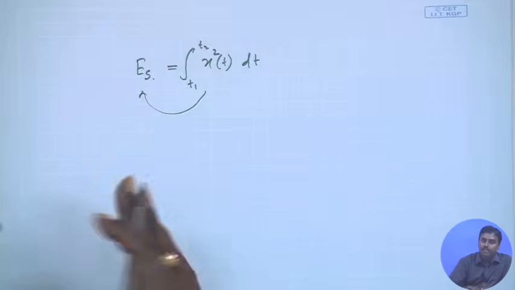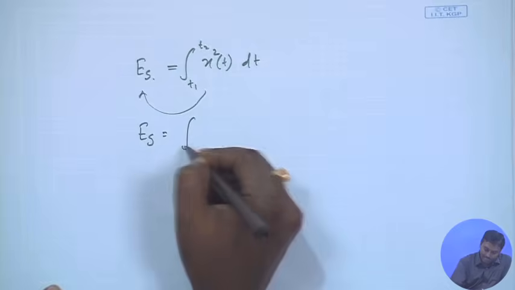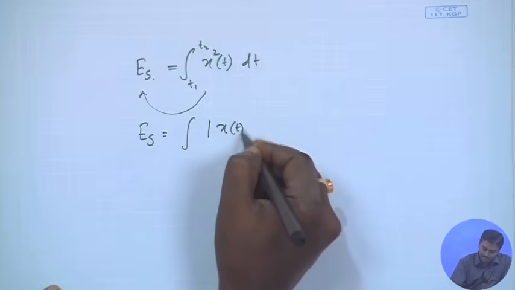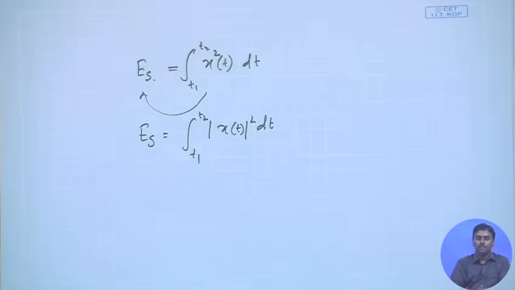So, there is a way to do that. Eg I can define in this fashion. Basically the definition of Eg then happens to be that if it is real it will be just x square t. If it is complex, then I take the complex conjugate of that and multiply it, and then I integrate. Okay.